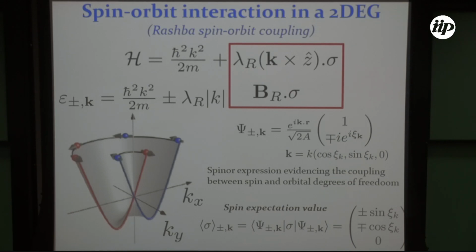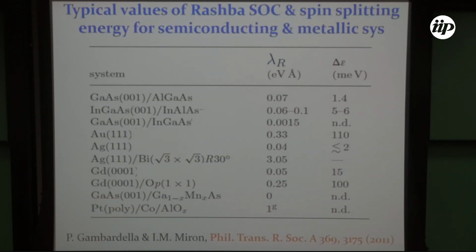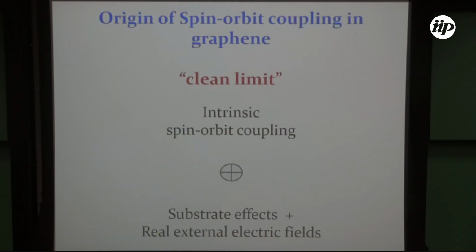Spin momentum locking is what we use to refer to this very specific spin texture. And this is actually also the way to identify this effective magnetic field that can originate a precession of an injected electron with a given spin polarization. So understanding the value, the strength of this coupling is key to move forward.